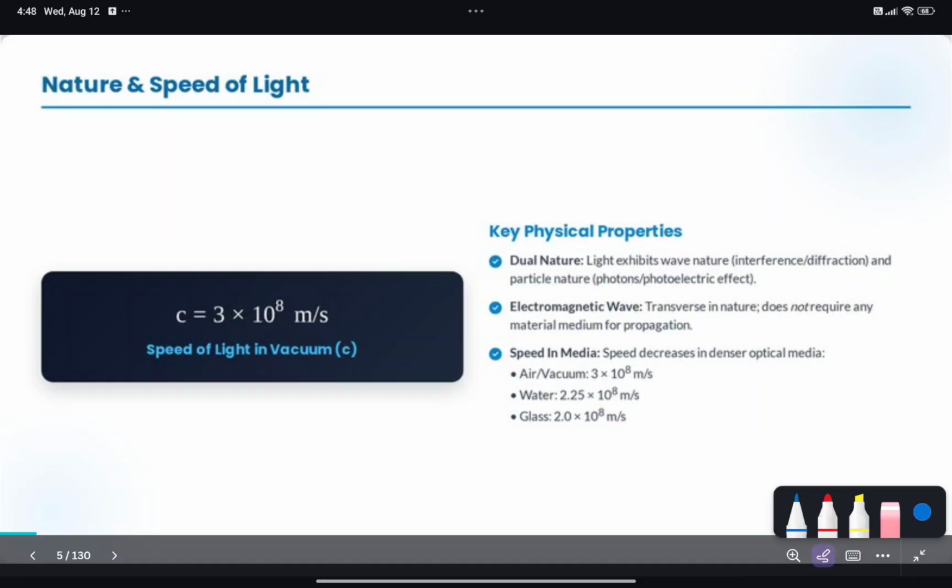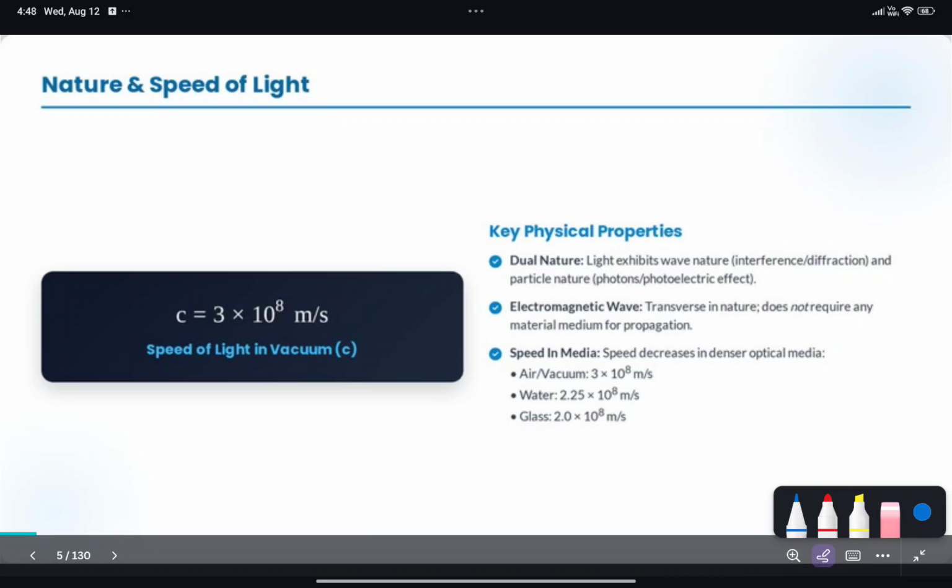Yes or no? Sound must need a medium. But in the case of light, there is no requirement of a medium. It can pass through vacuum also. So that is the reason light has a dual nature.